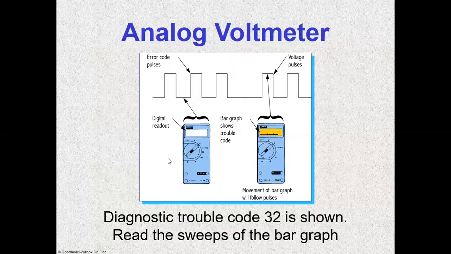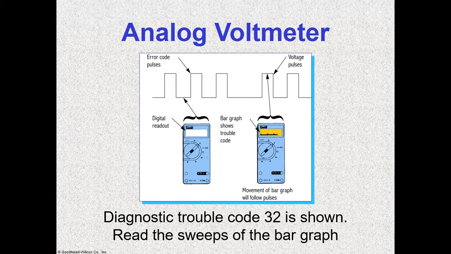So we basically, each of these pulses is read as 10. So we would have 1, 2, 3, then we have a flat line which represents a pause, then we have 1, 2. So we basically get a trouble code of 32 right there.